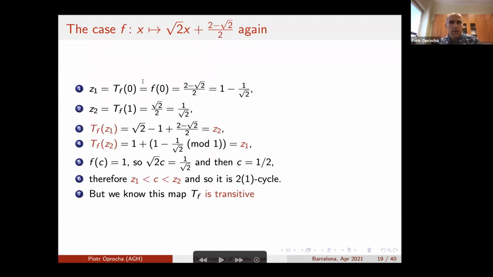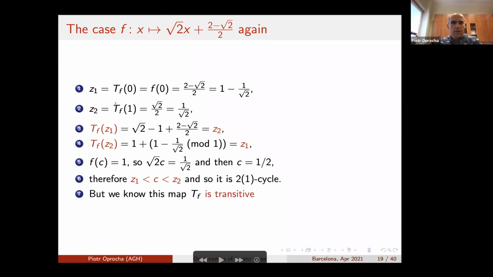But then let's come back to that example that I showed you, which was transitive, because what Piotr proved in his first paper is that if you have square root of 2 as this leading coefficient, or beta is greater or equal to square root of 2, then you always have transitivity. Okay, but this is a particular case in the proof. This is a special case where you need some different argument proving transitivity.